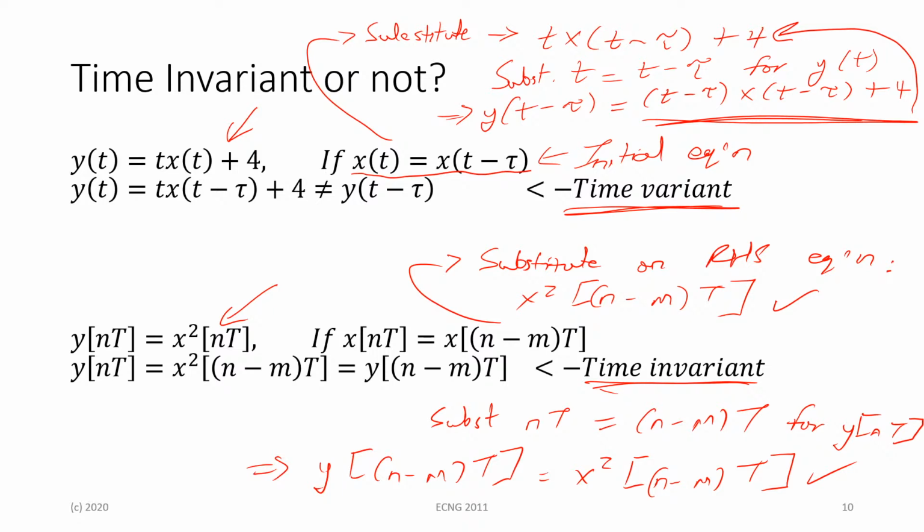If you cannot get the same equations, you prove that your system is time variant. So yes, a person in the chat is giving you guys the steps as to how to do it. Once you compare the results of steps 1 and 2, once they're equivalent, it's time invariant. If they do not match, it is time variant.